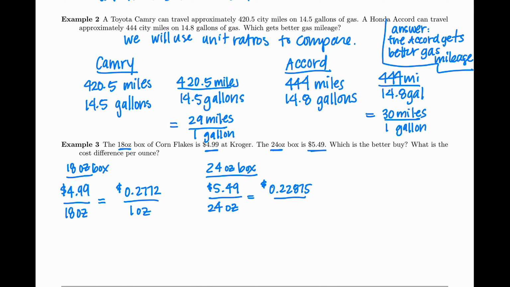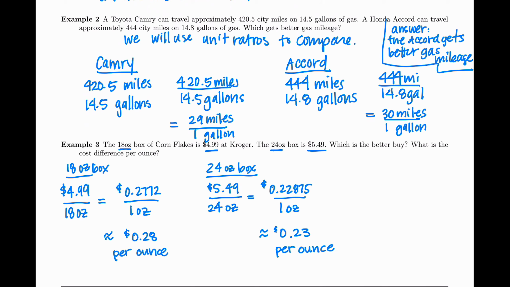So about 23 cents per 1 ounce. So which is the better buy? Well, the better buy is the one that costs less per ounce. This one over here, if we round to 2 decimal places, which makes sense because it's money, is about 28 cents per ounce. And again, we'll round over here. This one is approximately 23 cents per ounce.